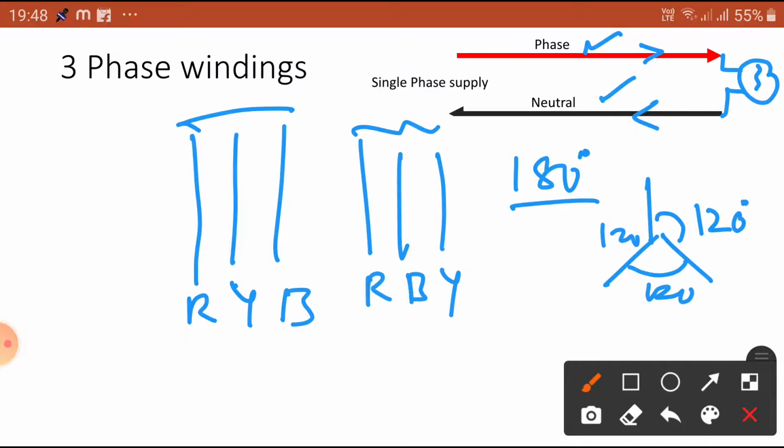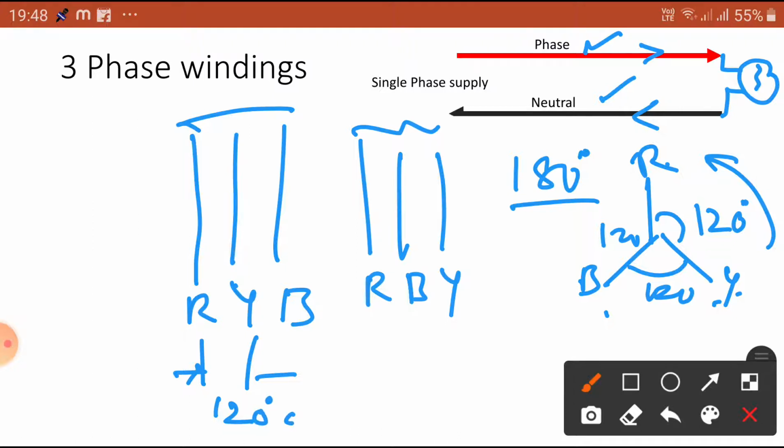Whether it is R, B, Y, rotating in anti-clockwise direction, or R, Y, B, you can show any phase sequence. But the phase displacement between these two phases should be 120 degrees apart. That should be maintained. This problem may not be raised in the case of a single phase machine.